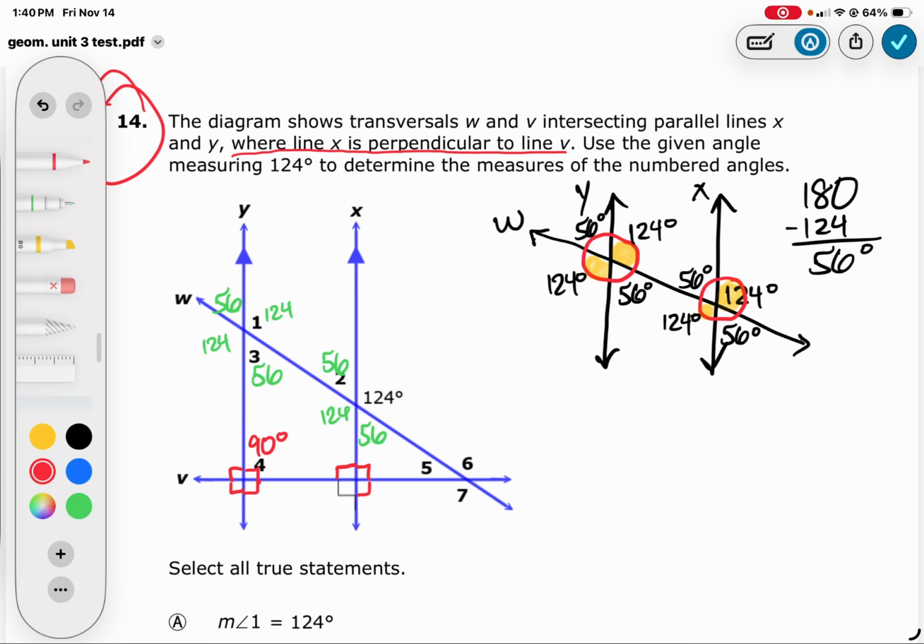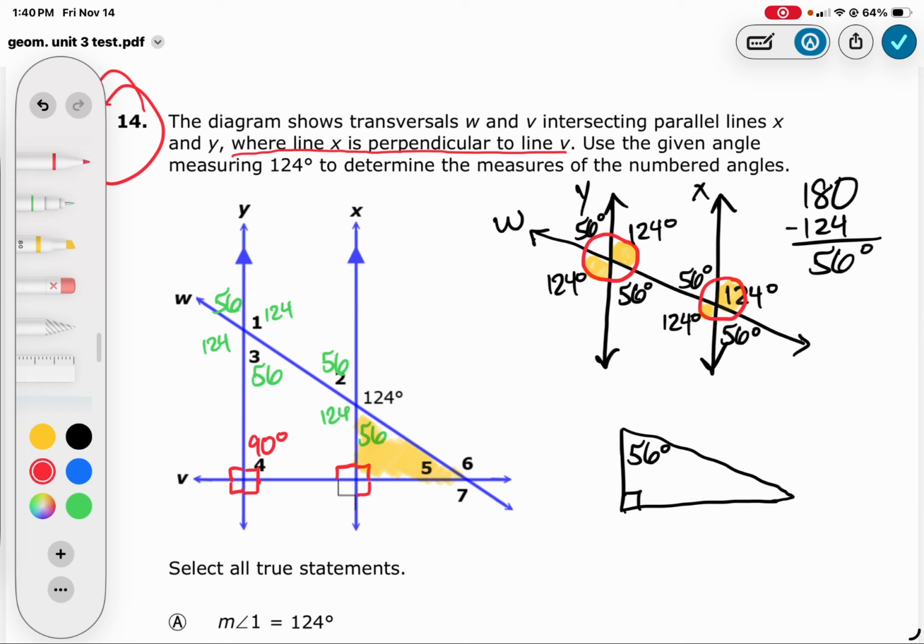Now, we need to figure out this little triangle here. I'm going to highlight it in yellow, and I'm going to redraw that over here on my diagram. What's unique about this triangle is that it's a right triangle because it has a 90-degree angle, and we know that this is 56 degrees. The triangle sum theorem says that all the angles inside of a triangle must add to equal 180.